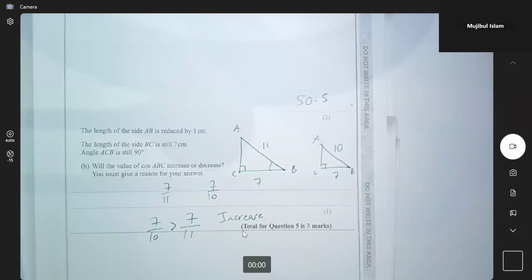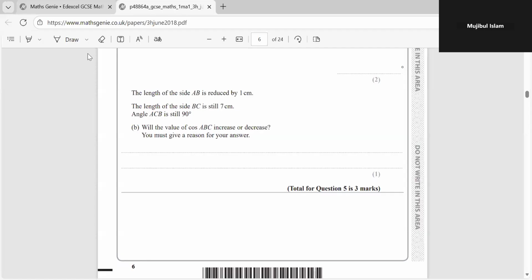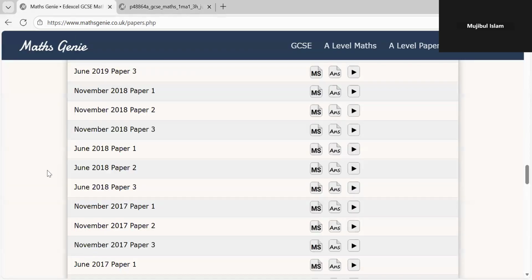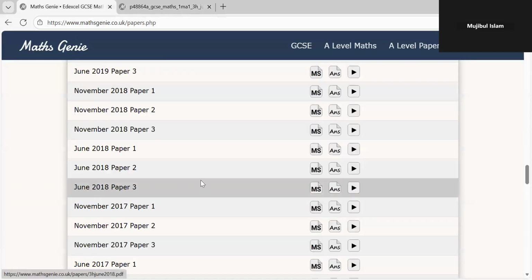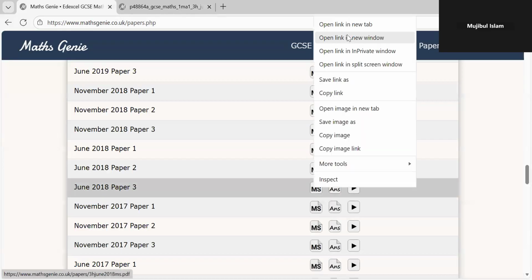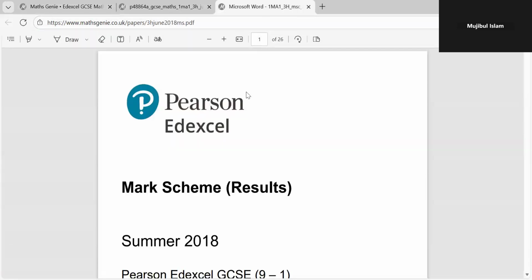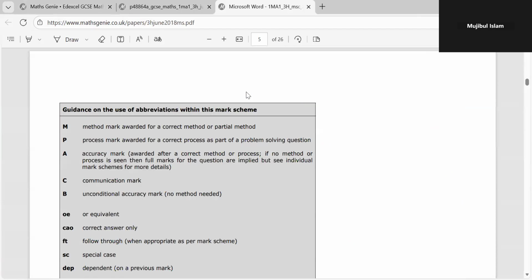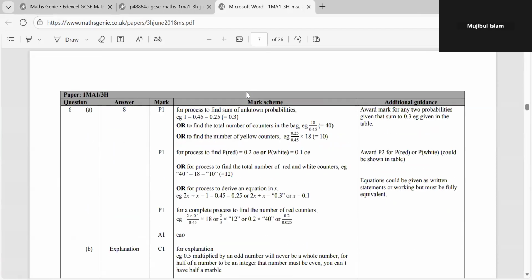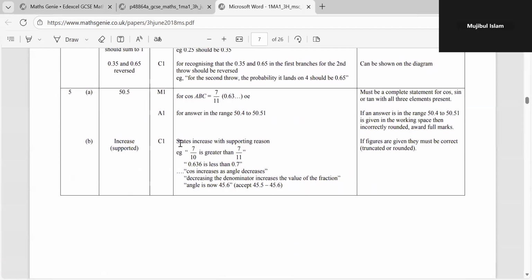Okay, so I'm going to look at the mark scheme because this is something where you can explain it differently. But let me show the mark scheme so that you can get an idea of what it is looking for. So this was paper 3, June 2018. And what does the mark scheme say for this question? In case there are other explanations you may have given. You can see here, states increase. So as long as you've stated increase, but you have to have a supporting reason.